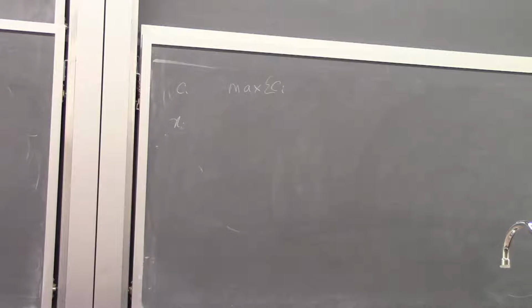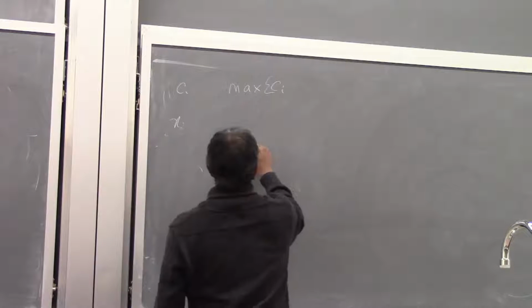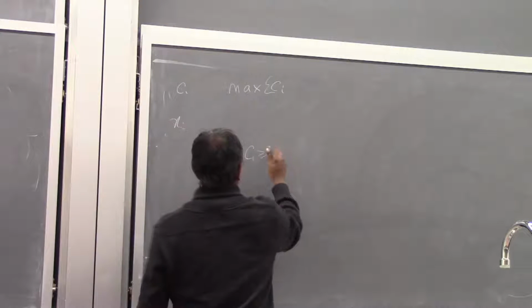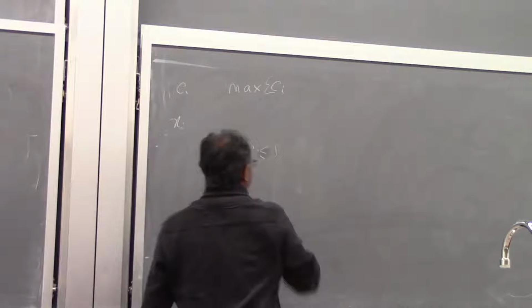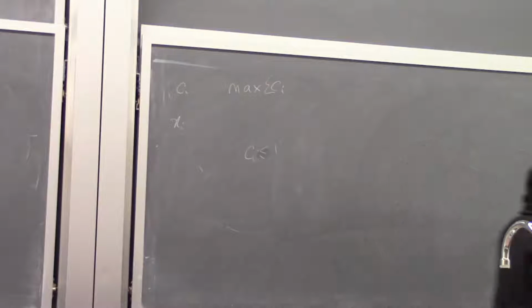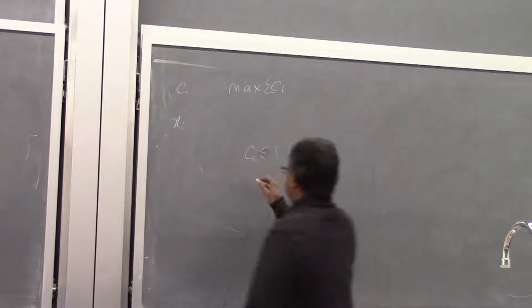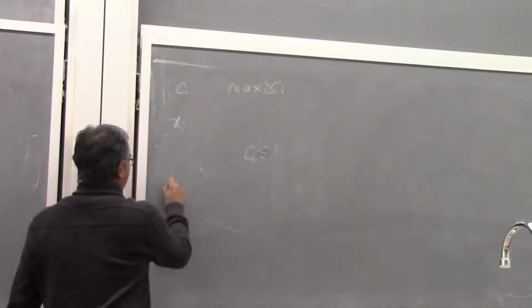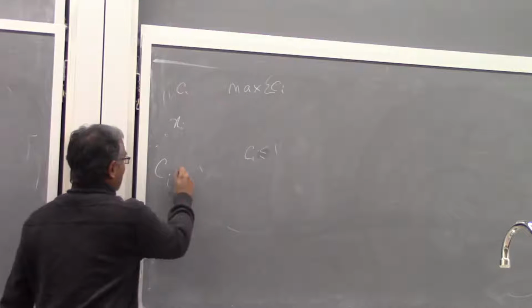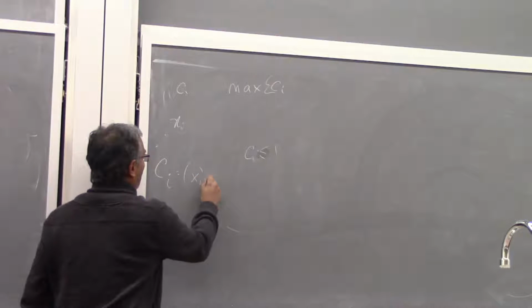Yes? Well, we can first say that ci is less than or equal to 1. And then you can also say ci is less than or equal to the sum of its xi's that are part of it. So the proposal is that, let's say the clause i consists of x1 or x2.